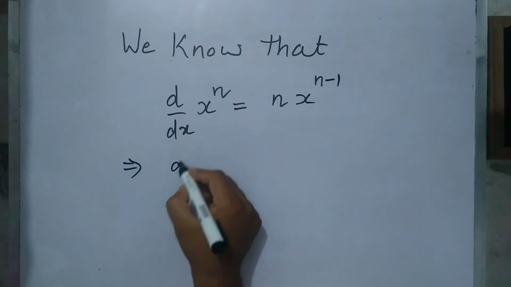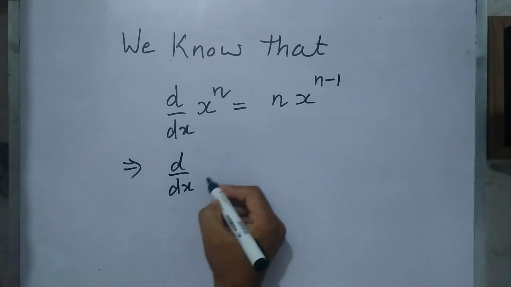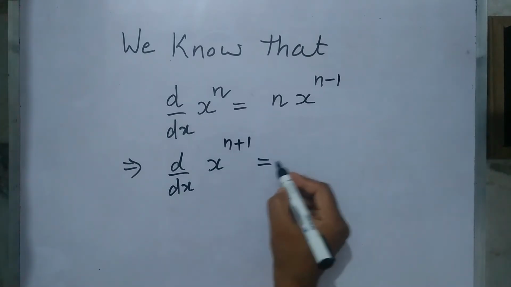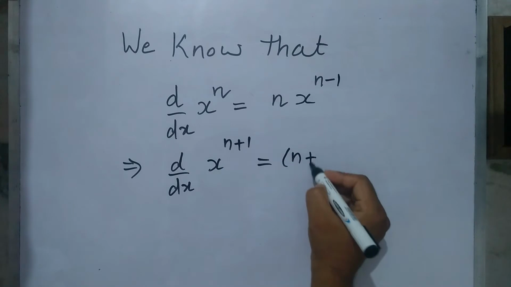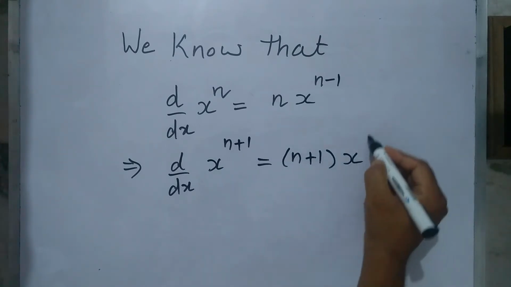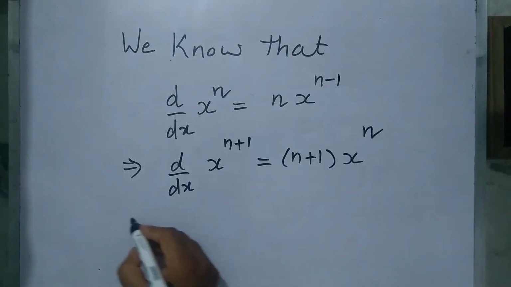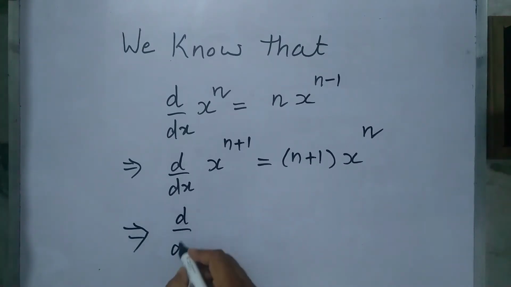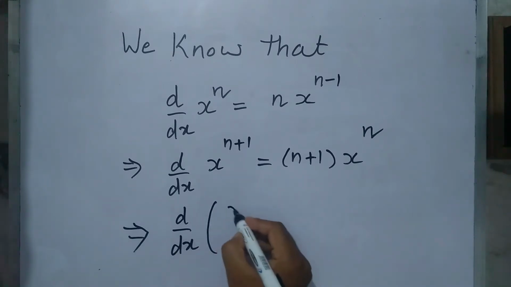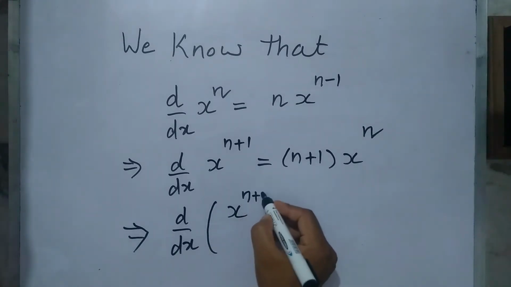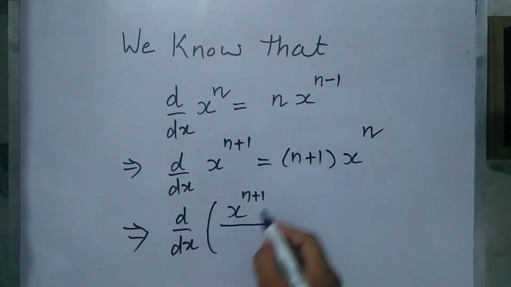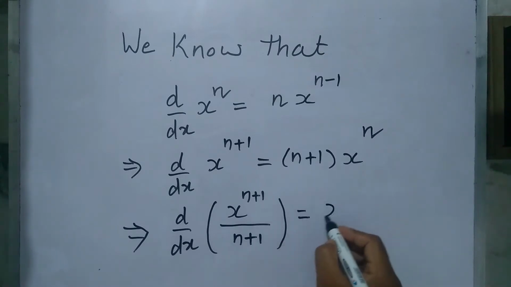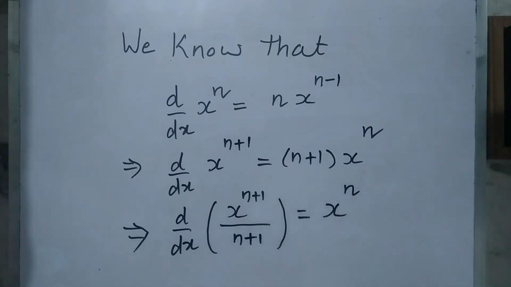Similarly, derivative of x raised to power n plus 1 is equal to n plus 1 into x raised to power n. So we can write this as derivative of x raised to power n plus 1 upon this n plus 1 is equal to x raised to power n.